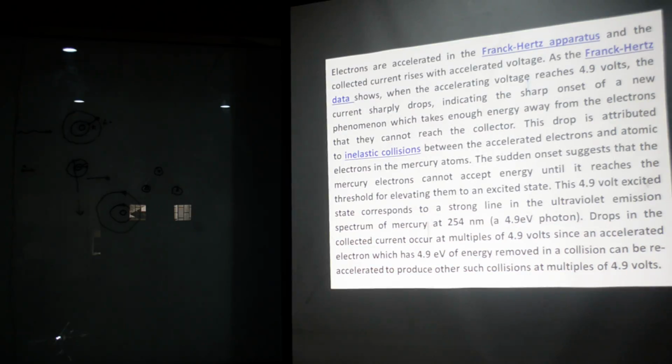This 4.9 volt excited state corresponds to a strong line in the ultraviolet emission spectrum of mercury at 254 nanometer.